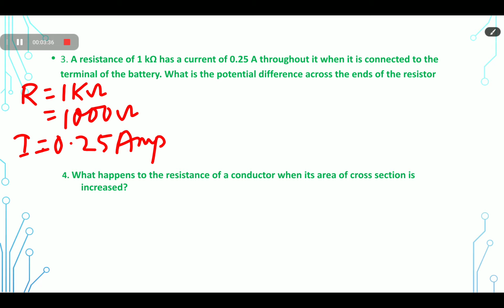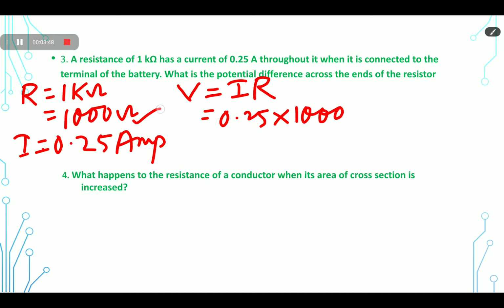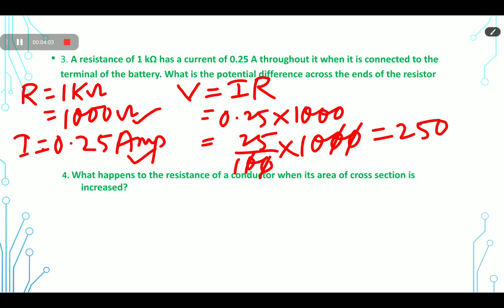So we know that for potential difference, V is equal to IR, and I is here 0.25 and the resistance is 1000, and it is also in SI unit, so there is no need to convert. So 25 by 100 multiplied by 1000. So this is cancelled out like this and it becomes 250. We are calculating the potential difference and the SI unit of potential difference is volt. So 250 volt.